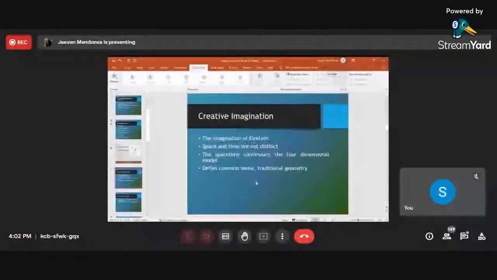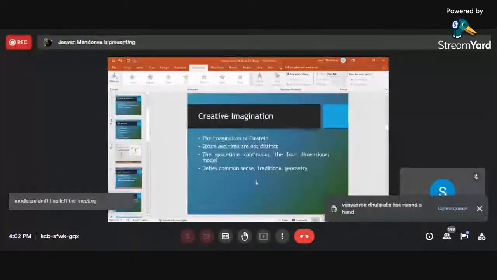Having a creative imagination. Of course, this example is also very popular. I'm referring to the imagination of Einstein. Once again, Einstein truly brought about a revolution in physics.